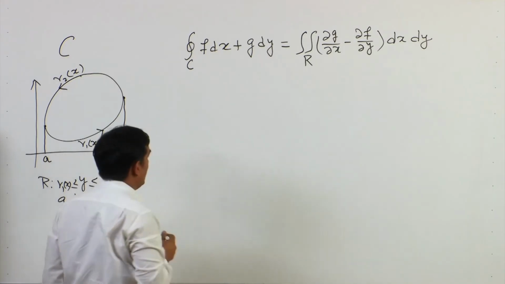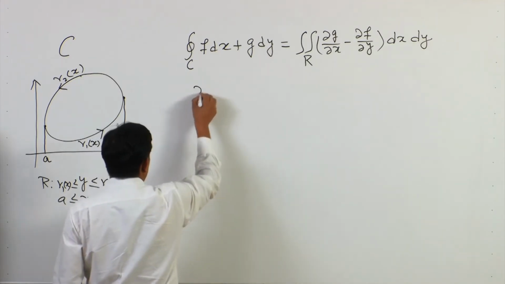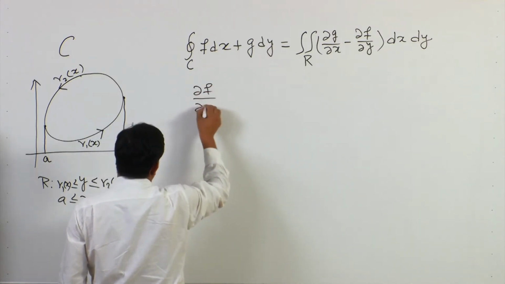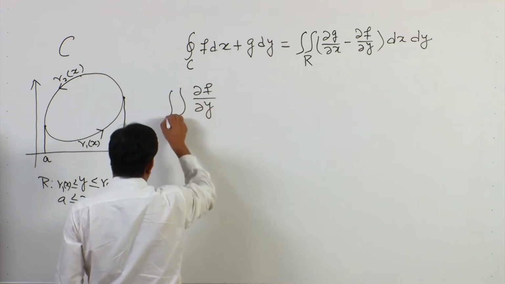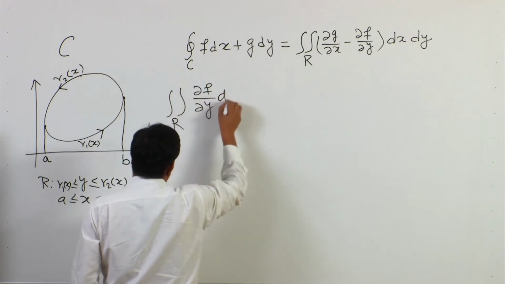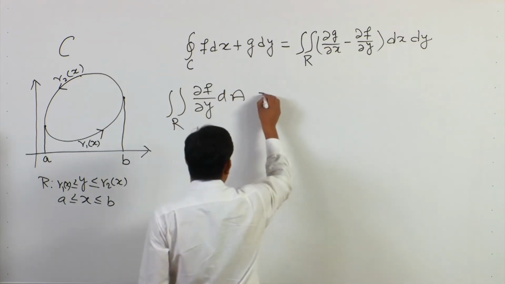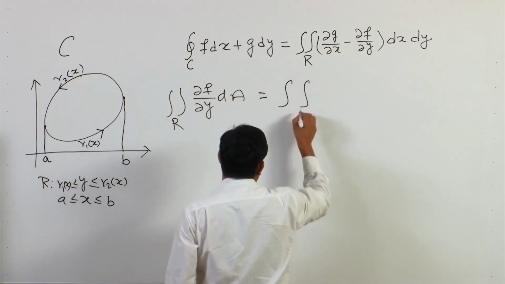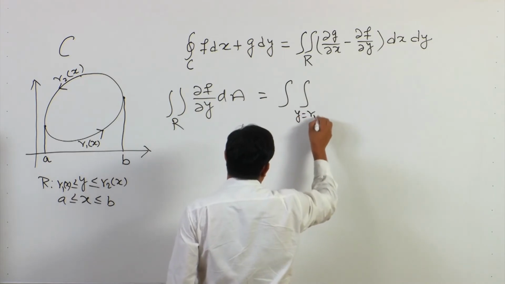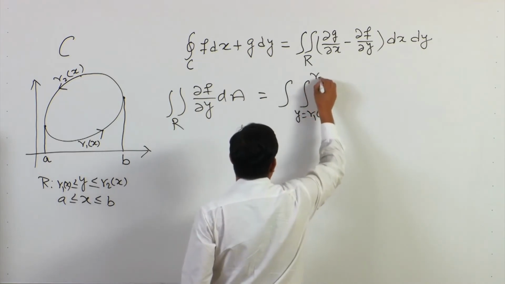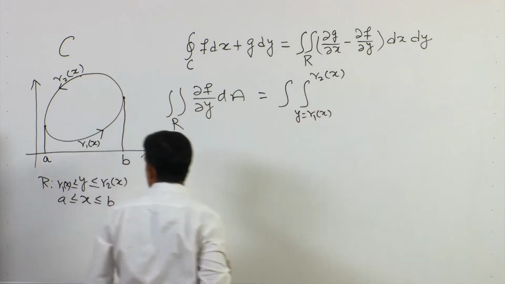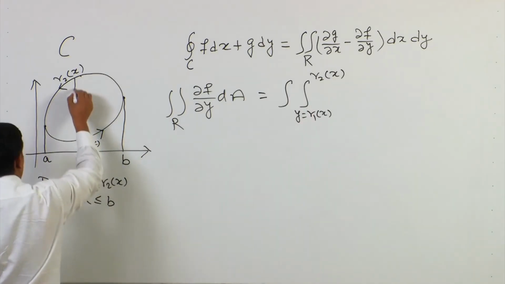So, let us try to integrate del f over del y over the region R. Over this region I can write y going from r1(x) to r2(x), meaning I am taking a strip in this way.